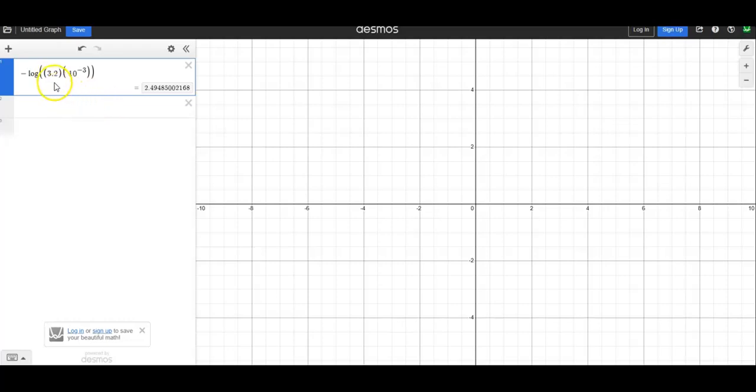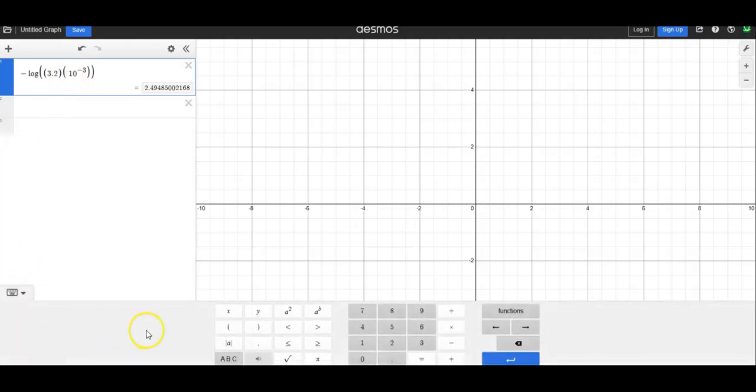When I did 3.2 times 10 to the negative third, I put both of these pieces in parentheses, and then I grouped all of it in a larger set of parentheses. You could also use the keyboard down here for multiplication, so I could take these out and put in the multiplication symbol, and it would give me the same answer.